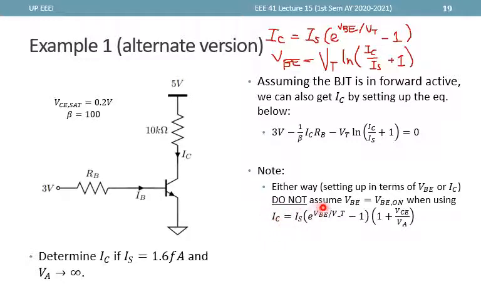Most of the IC is dependent on this VBE term here. And if we assume that VBE is equal to 0.7, then this is already fixed. And since IS is constant, that would mean that IC is always constant regardless of the values of the resistances or the voltages in the circuit. Therefore, you should not use VBE equals VBE on with this equation. So if you are using this, do not use this. If you are using this, do not use this one.